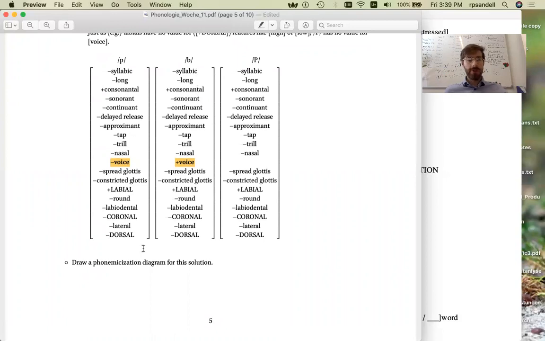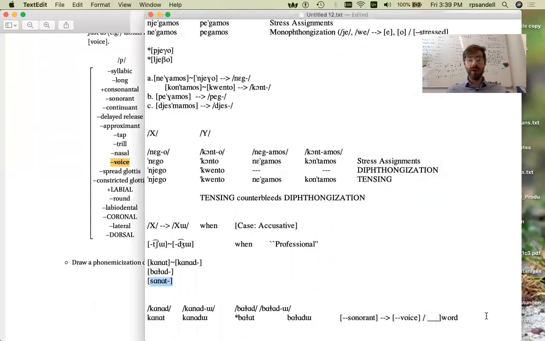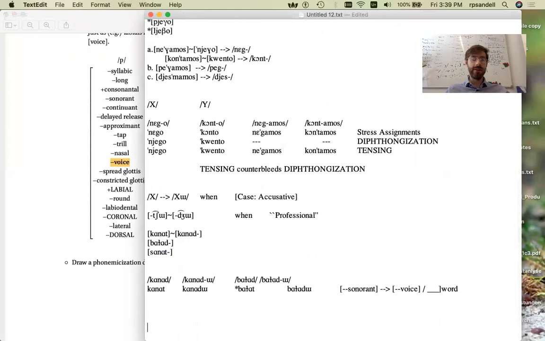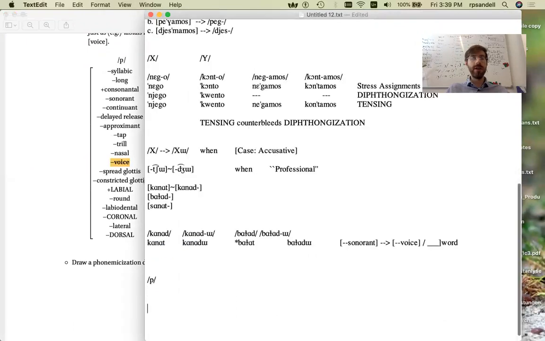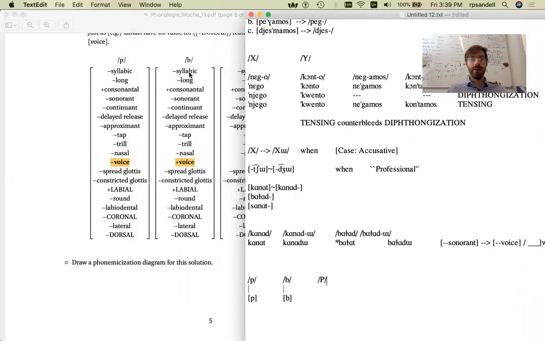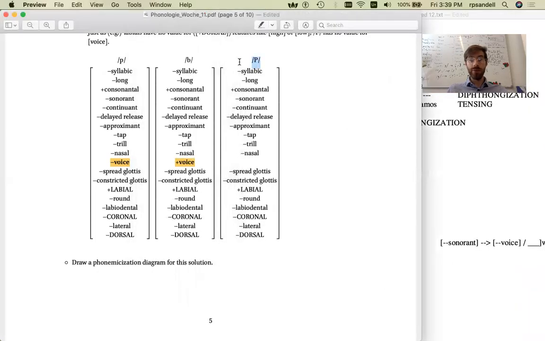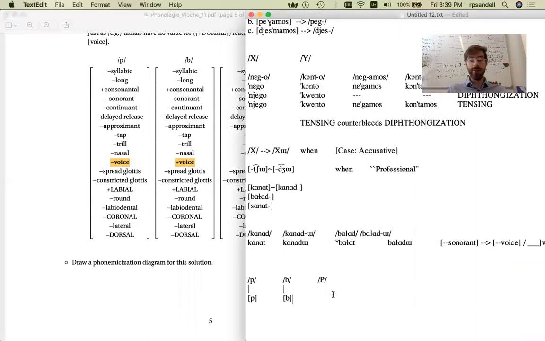So in terms of phonemes, this analysis assumes that Turkish has 3 phonemes: an underlying phoneme pa, which is always realized as pa, an underlying phoneme ba, which is always realized as ba, and an underlying phoneme, we'll use the capital P to indicate this, a labial stop phoneme that is not underlyingly specified for voice.